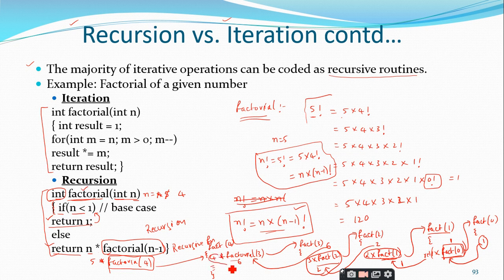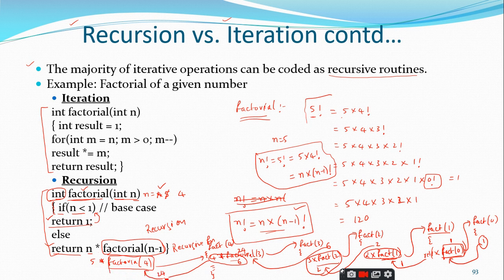So 4 multiplied by 6 is equal to 24, and this value 24 is returned to the function which called this factorial of 4. This factorial of 4 is called by the factorial of 5 function initially. So this 24 will be returned to the factorial of 5 function.